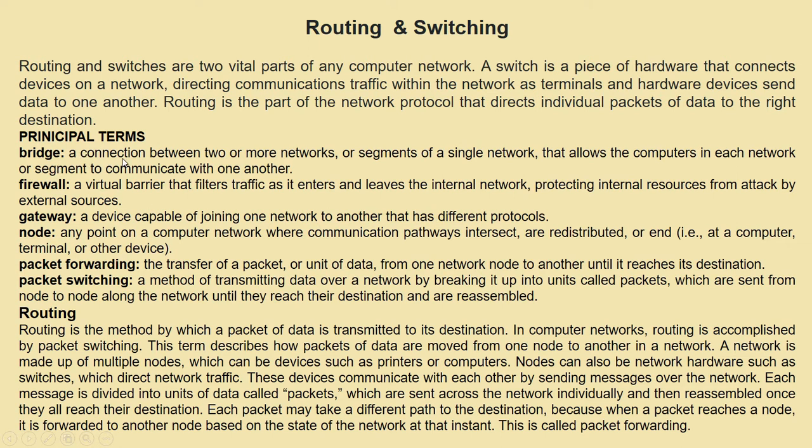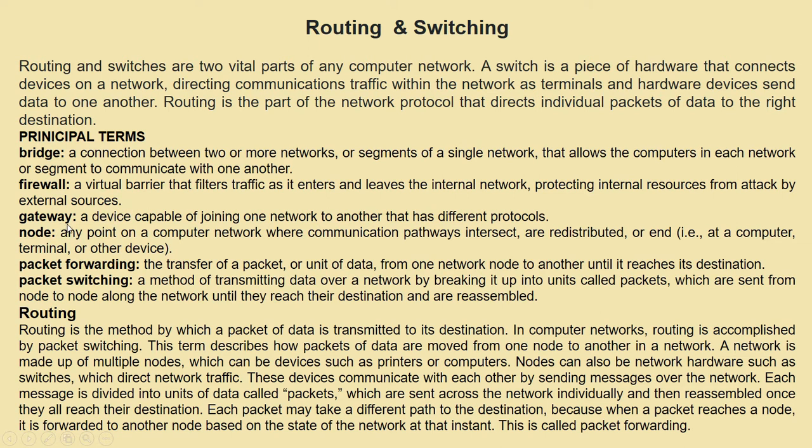Bridge: a connection between two or more networks or segments of a single network that allows the computers in each network or segment to communicate with one another. Then firewall: a virtual barrier that filters traffic as it enters and leaves the internal network, protecting internal resources from attack by external sources.